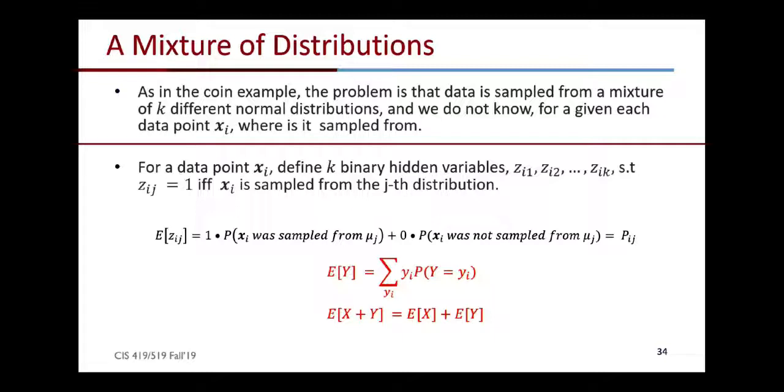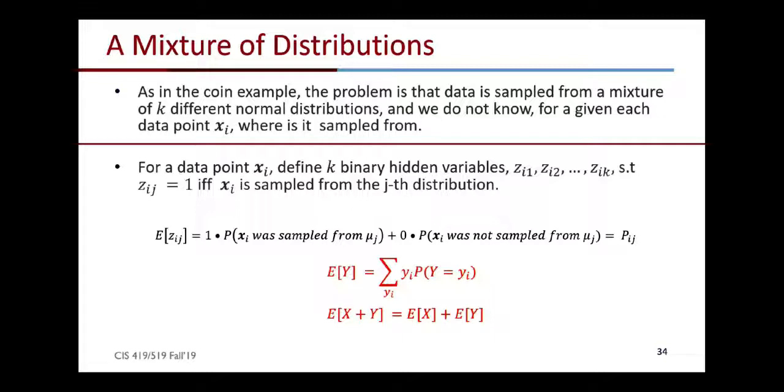In order to do this, I'm going to introduce some notation that may complicate things at the beginning, but simplify them at the end. For each data point xi, I'm defining k Boolean variables, zi1, zi2, up to zik. I define them such that zij is 1 if and only if xi came from the jth distribution.